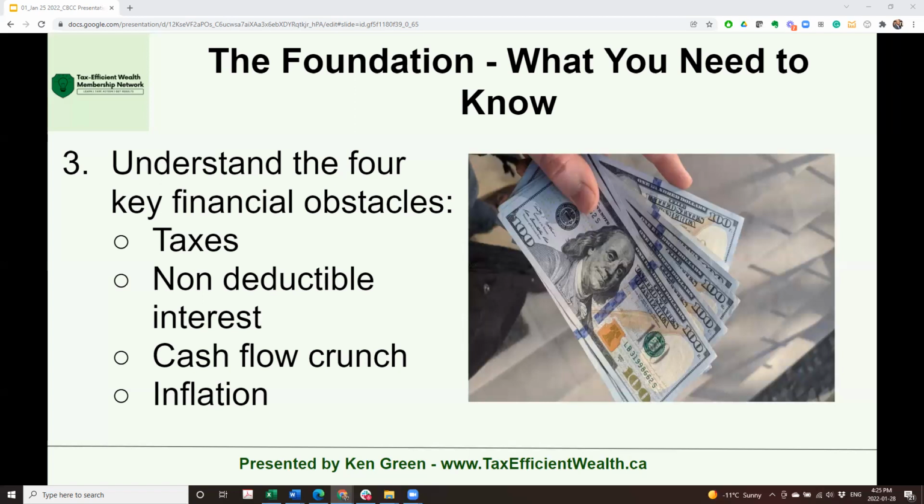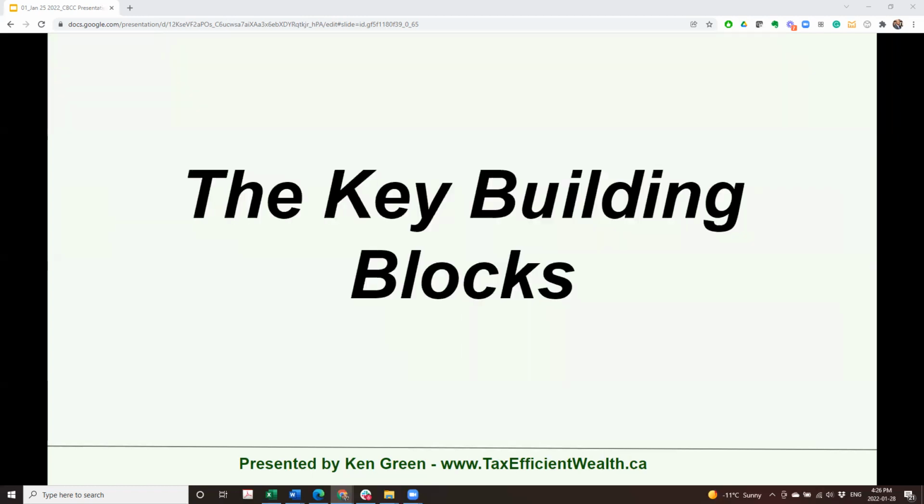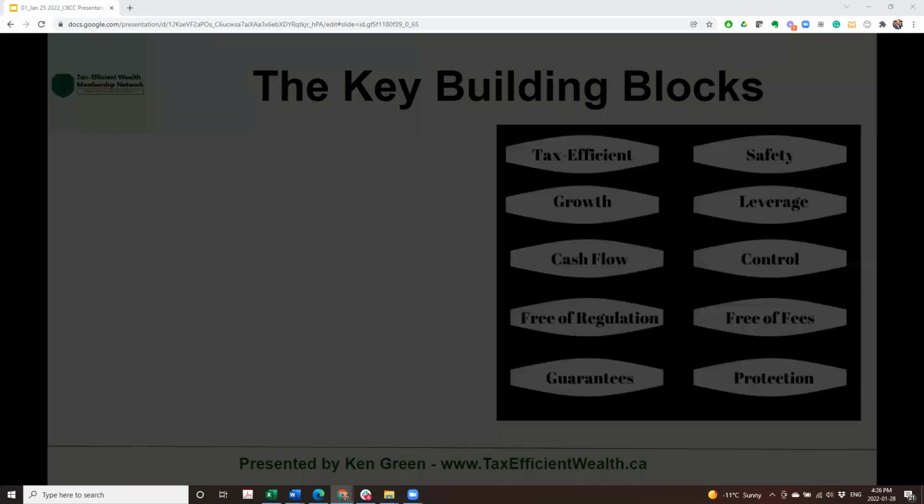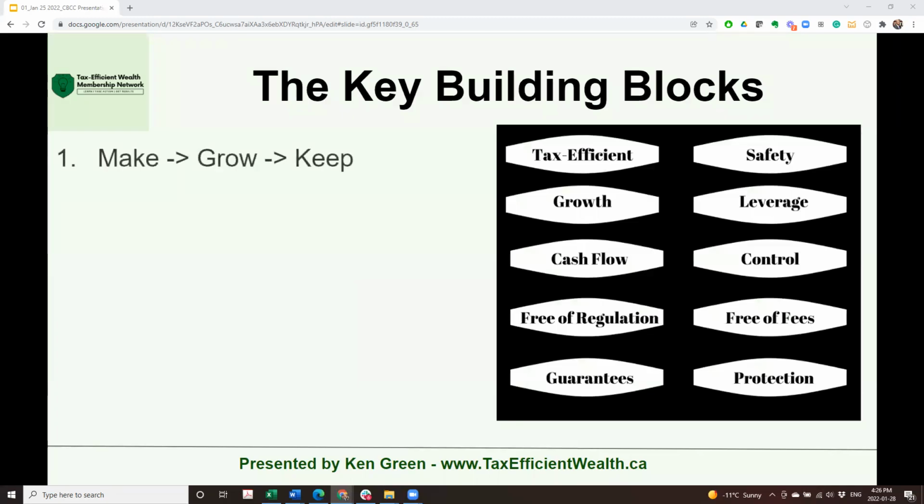Right. So it's always important to have that at the back of your mind to make sure that inflation is not robbing you of your wealth, of your future, and just to make sure that it is not impacting your purchasing power. Okay. So now, what are some of the key building blocks that we need to know about?